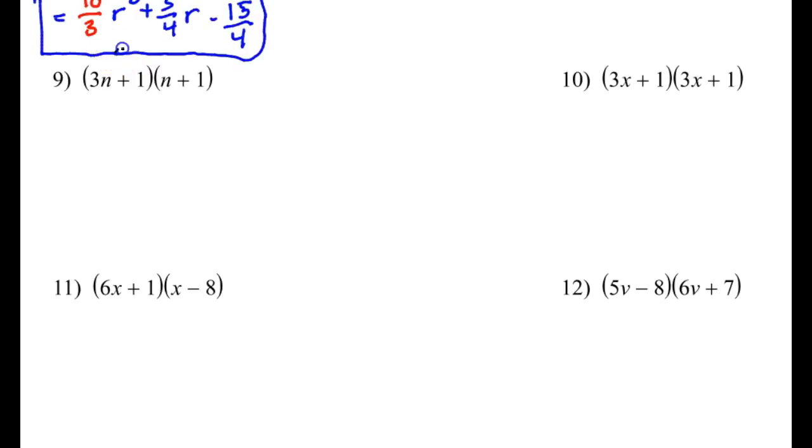There are 2 terms for each of these, right? That's what binomial is. So 2 times 2, that means there are 4 multiplications. What we're going to do first is multiply the 3n by each of these. 3n times n, 3n times 1. That's 2 of them, that's halfway, but then we're going to multiply the 1 times both of them. So there's 4 total multiplications.